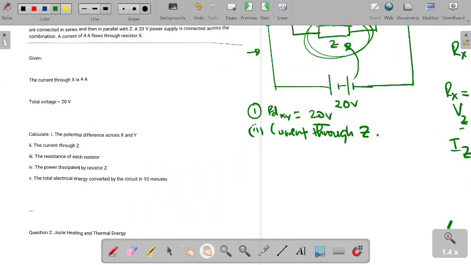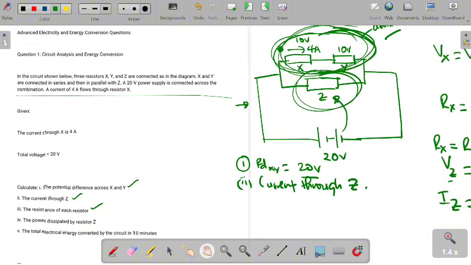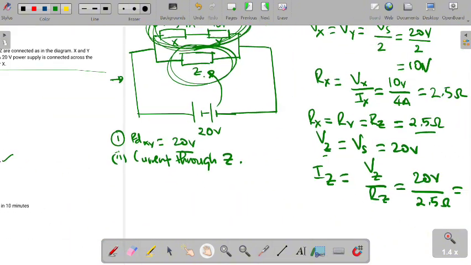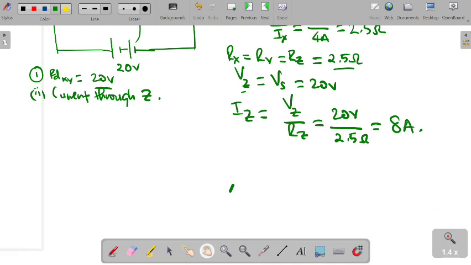So we've done this, and we've also done each resistance, and then they want us to find the power dissipated by resistor Z. When you look at Z, it's right here. We have found a couple of things concerning Z. We know the voltage, the current, and the resistance.